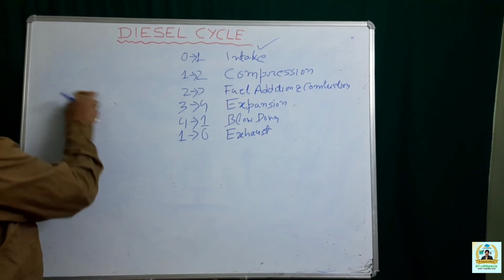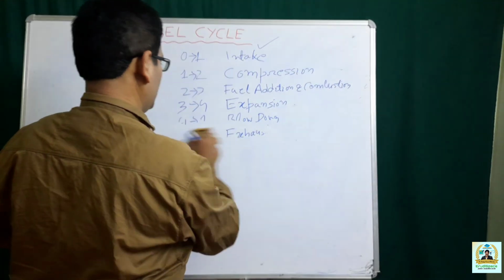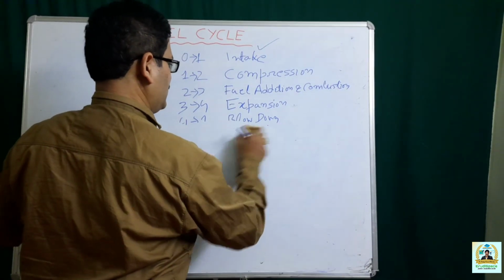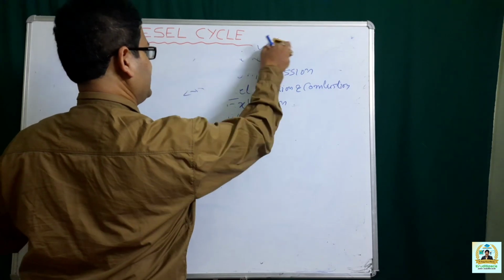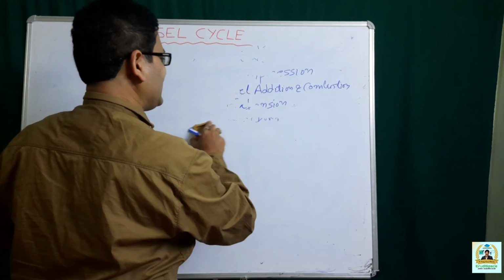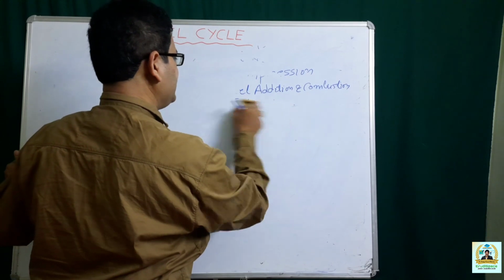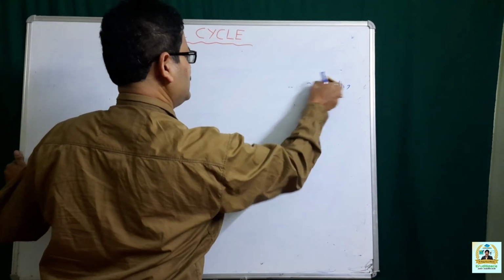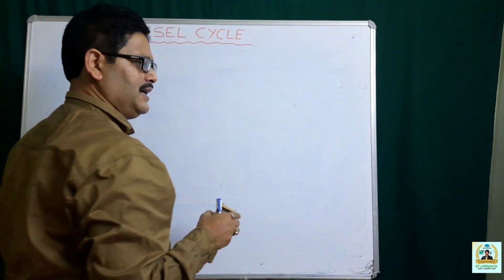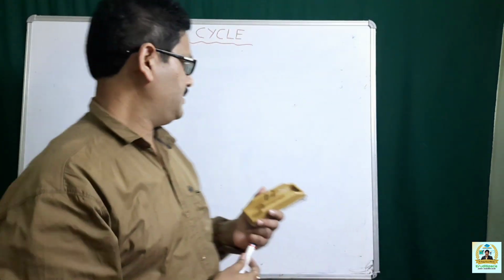As far as the thermodynamic cycle is concerned, here we consider what are the thermodynamic changes which are taking place, and just like the Otto cycle, in this case also, we will not consider the induction of air and the exhaust.